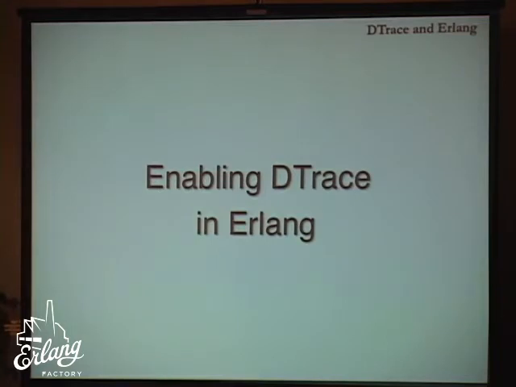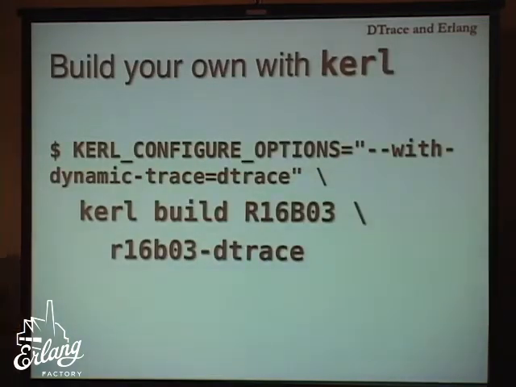As far as enabling DTrace in your own build of Erlang, probably the easiest way to do it is to use something like kerl. You guys are all familiar with kerl, right? If you're not, kerl is a really nice tool for building Erlang releases. It's kind of modeled on Python brew or RVM. Virtualenv for Python is another good analog to what kerl provides.